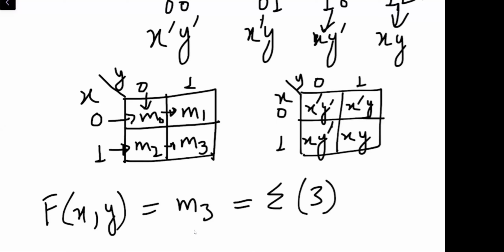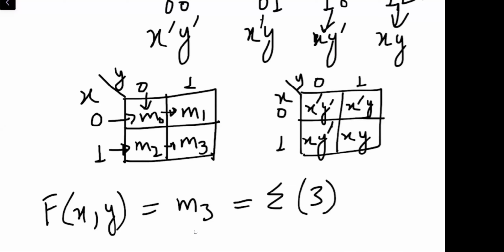Anyone? Yes, sir. I think this means that only on minterm M3 there will be one. Other remaining boxes will be zero.